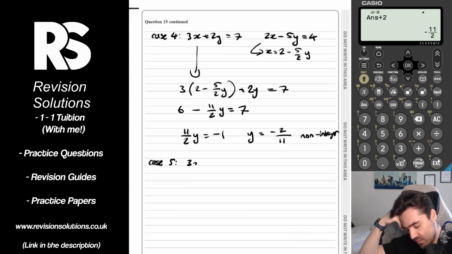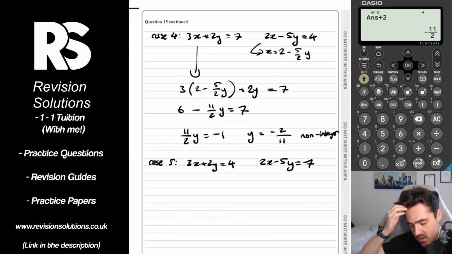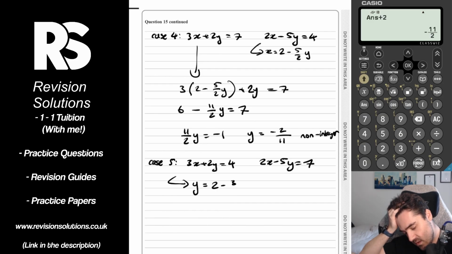So 3x plus 2y equals 4, 2x minus 5y equals 7. Solving one last time, let's rearrange this guy for y. That would be y equals 2 minus 3 over 2x.